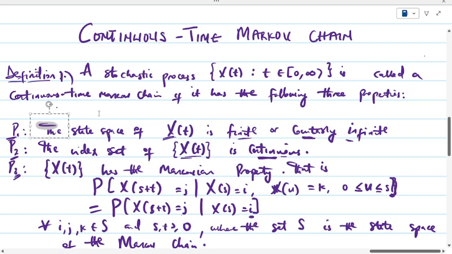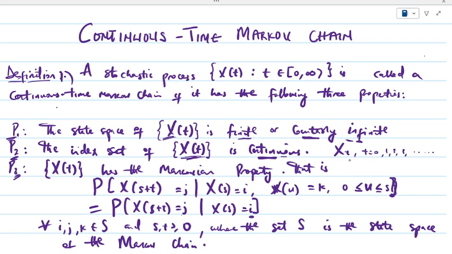The first property is that the state space of our stochastic process is finite or countably infinite, very important. Then property 2, the index set of our stochastic process is continuous, that is our X subscript t.